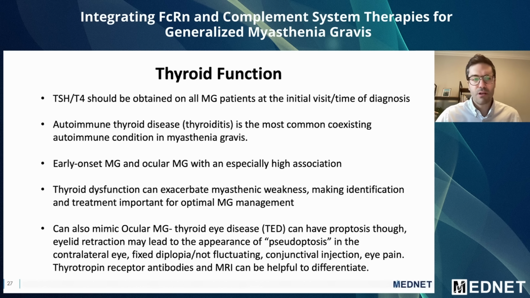In terms of testing, you can send for thyrotropin receptor antibodies, and MRI can also be helpful to differentiate. The MRI in TED may show increased edema and increased size of the extraocular muscles, specifically medial rectus and inferior rectus.